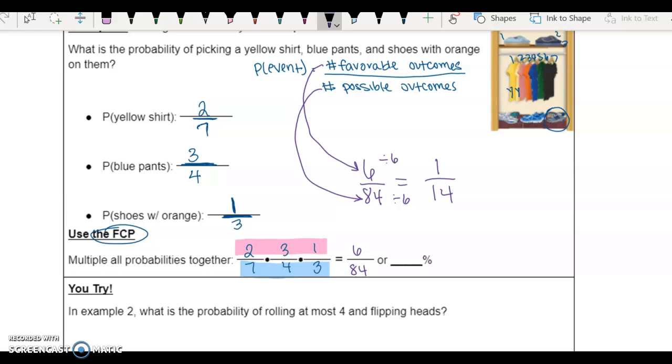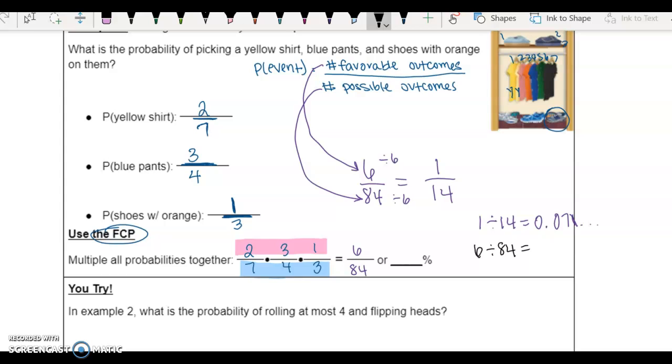So to figure out my percent, we learned this last chapter, but we just do our top number divided by our bottom number. So 1 divided by 14 gives us 0.071, and then it goes on for a while. And you'll get that same decimal if you were to just do 6 divided by 84.